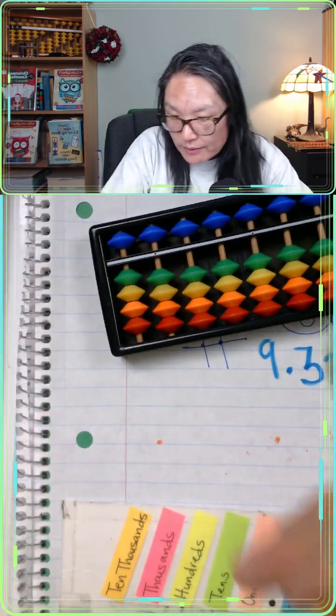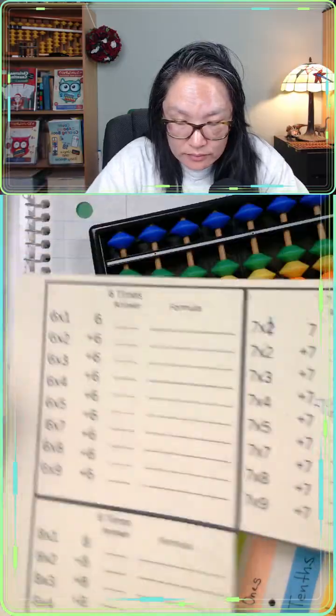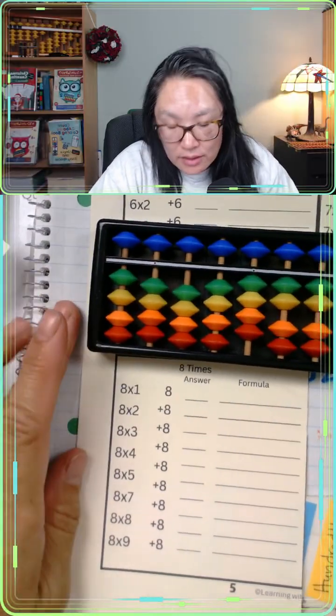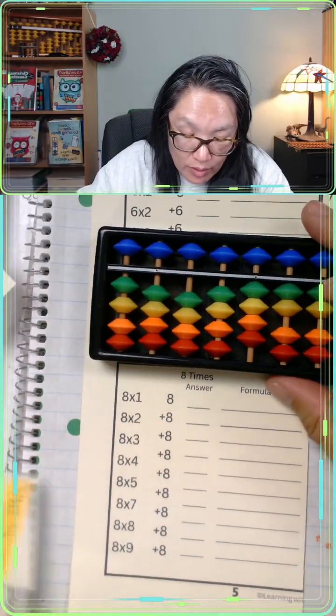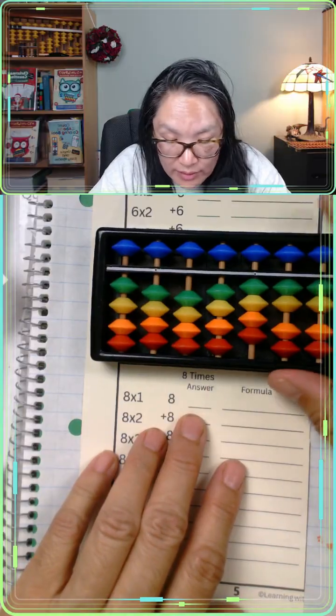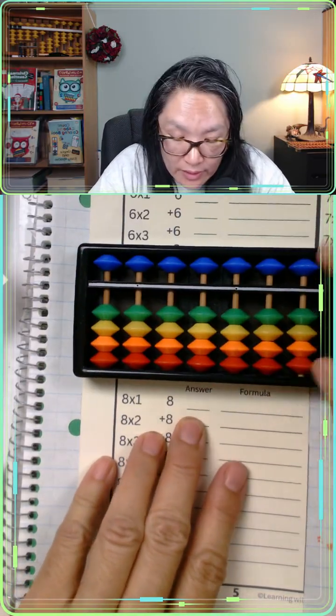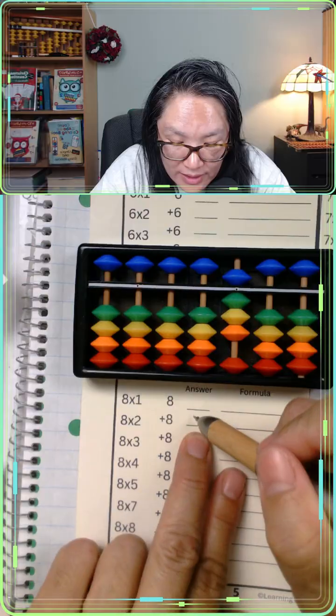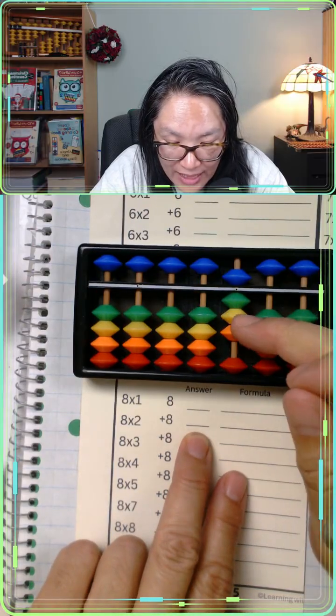Okay, wait, hold on. So let's do 8. We could do 8. It's not a problem. We do 5, 6, 7, 8. But to get to the next number, we need to know how to add. We don't have any more.